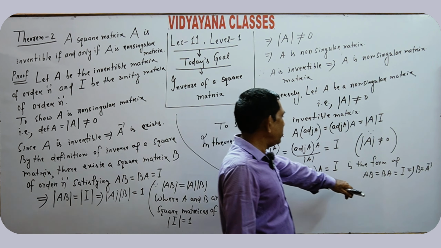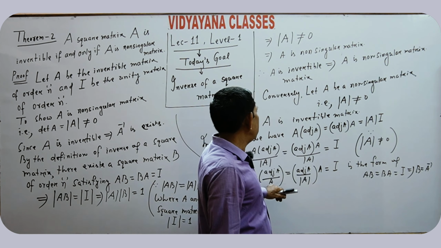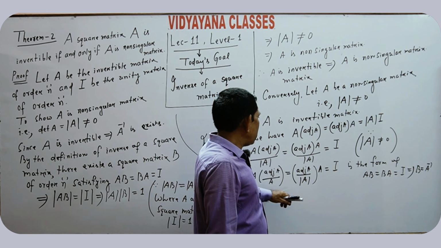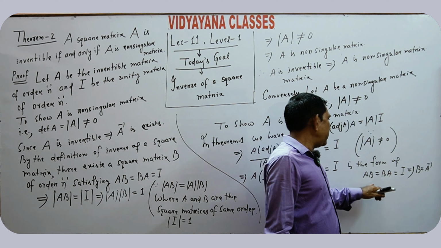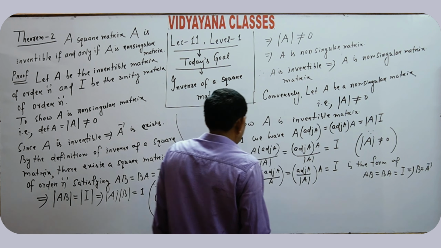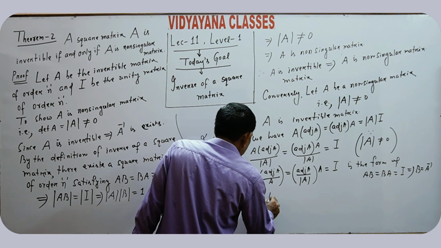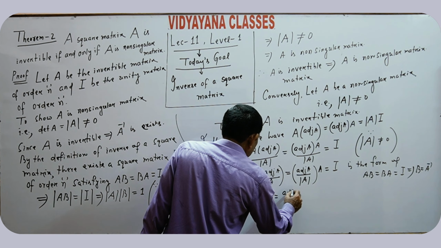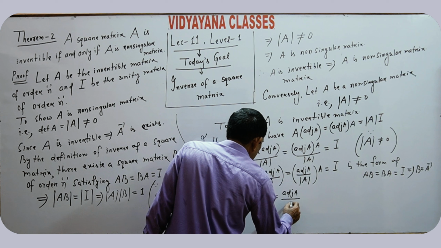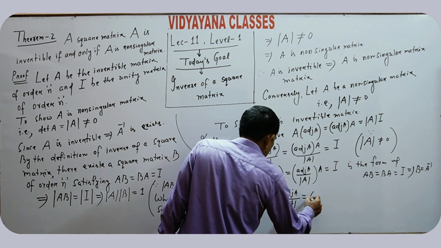To show A is invertible, since it takes the form of AB is equal to BA is equal to I, we can say B is equal to A inverse. Implies B is equal to adjoint A divided by A determinant is equal to A inverse.